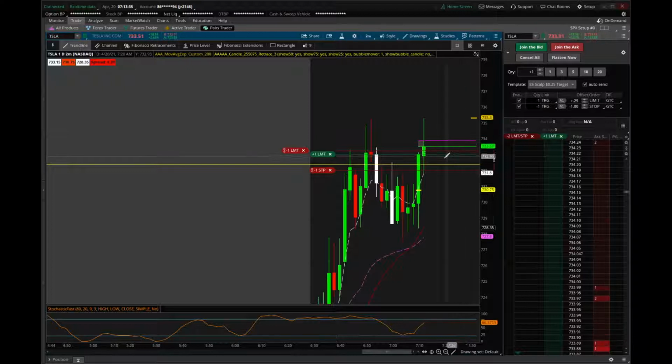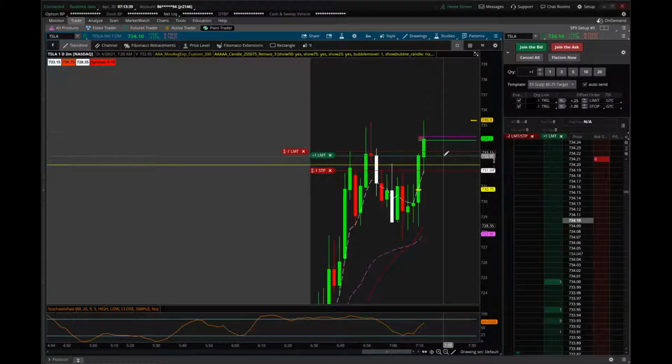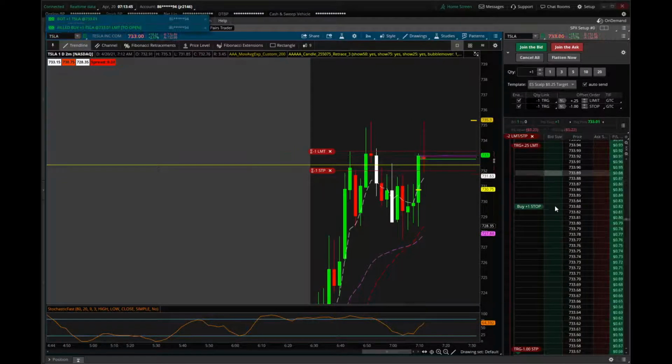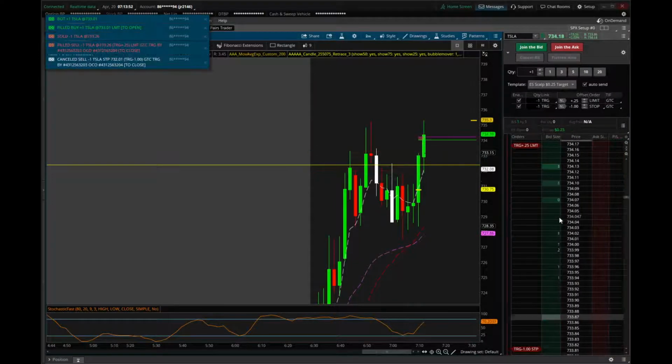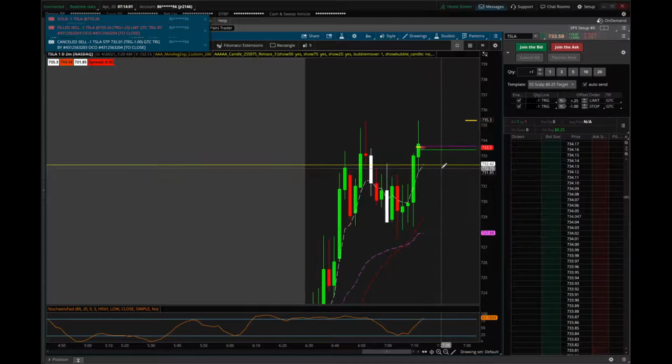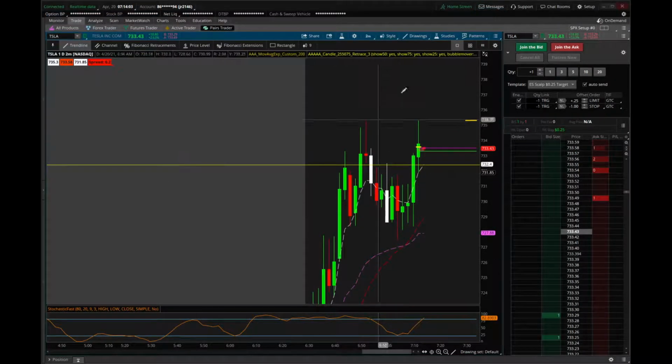Time, about 30 seconds left. Let's see if we get a pullback. Again, I'm just leaning against wicks, bodies, things like that, understanding there's a wide spread. There we go. Can we get the pop to the upside? Boom. Finally a winner, right? But with that spread, give it room, understand what the trade is, and that's it.